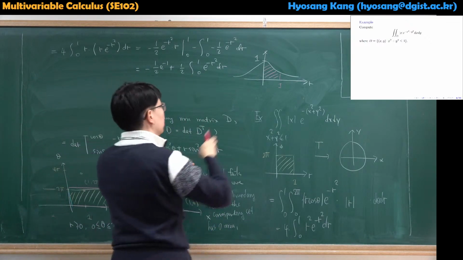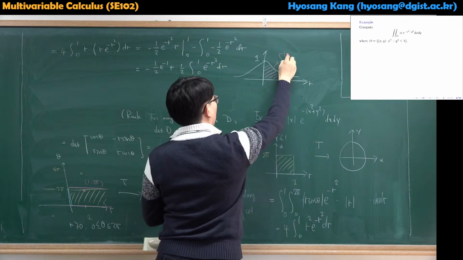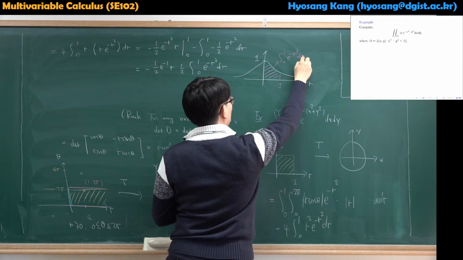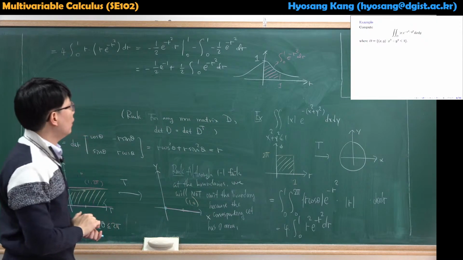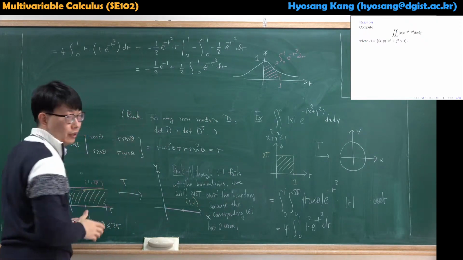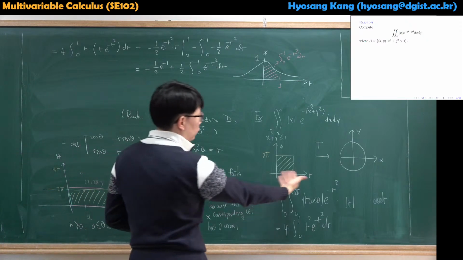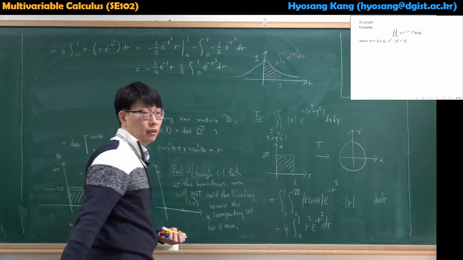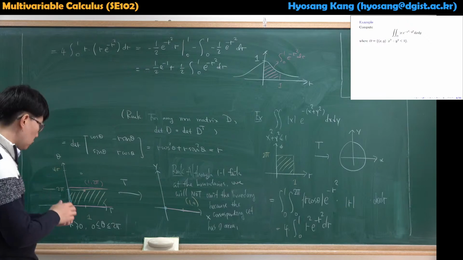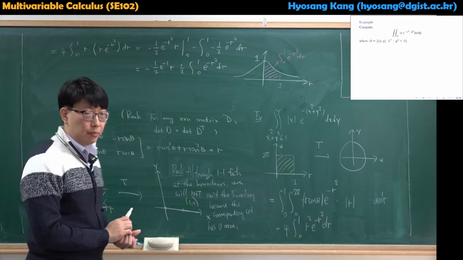So this is the integral from 0 to 1 of e to the negative r squared dr. Okay, so anyway, that's how we compute this integration. If you try to do this by hand, I think it's getting worse.